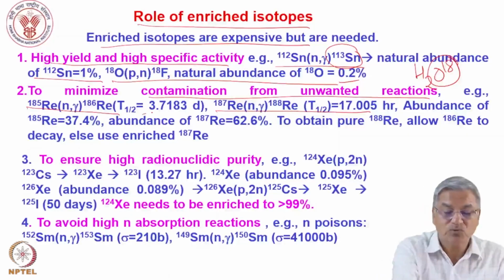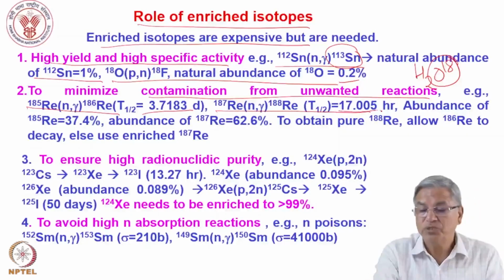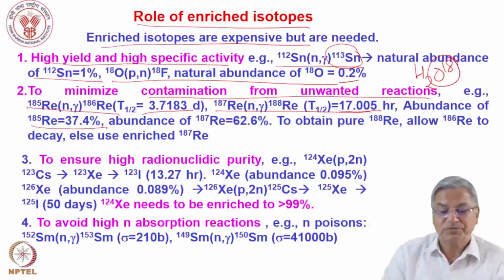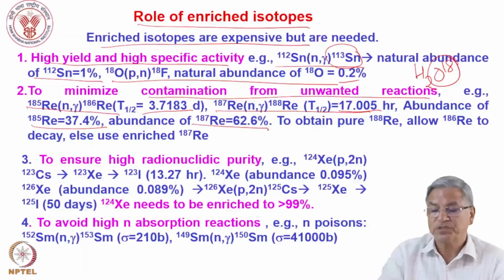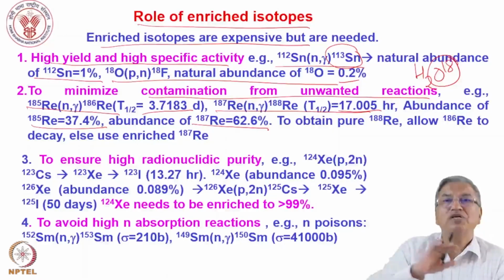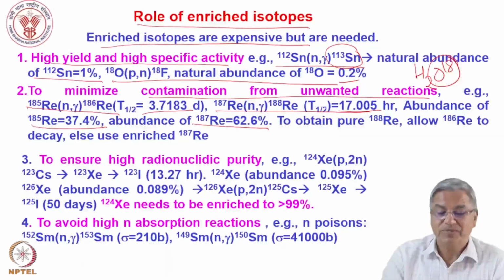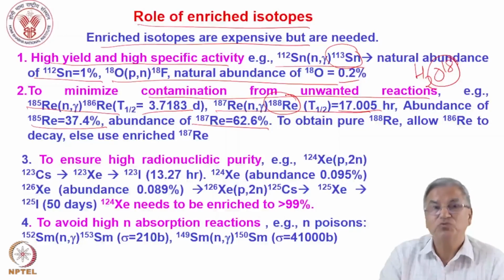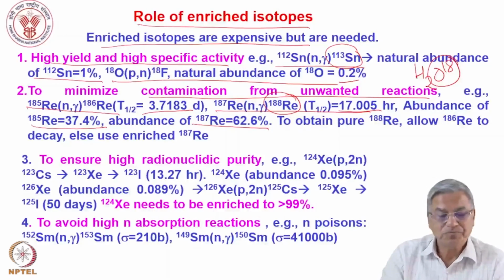So you have one isotope of 3 days, other isotope 17 hours. And abundance of 185 is 37%. 187 is 62%. So these are the two reactions concurrently happening. Your isotope of interest is actually 188 rhenium, which is used in therapeutic applications.